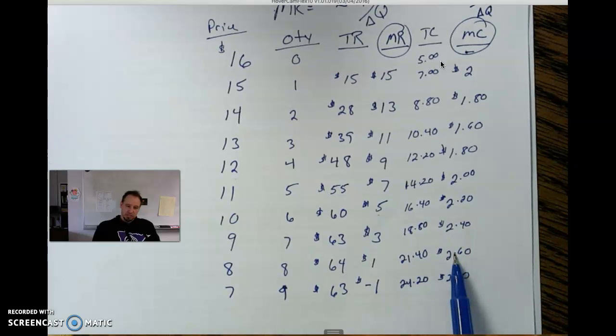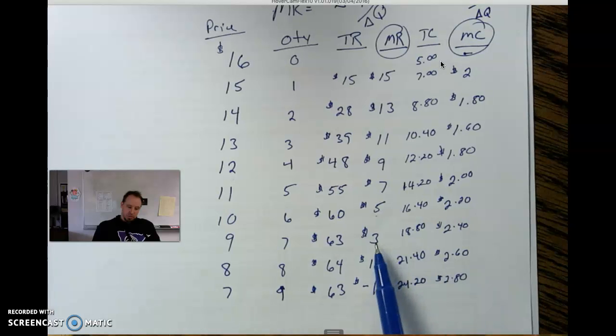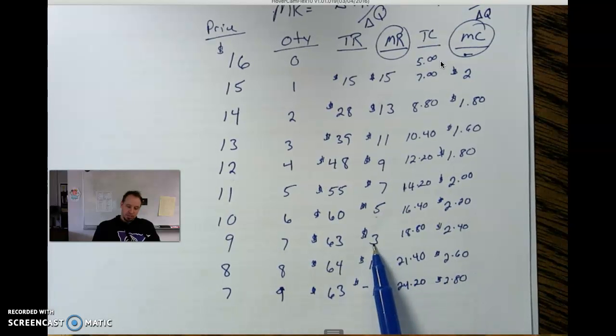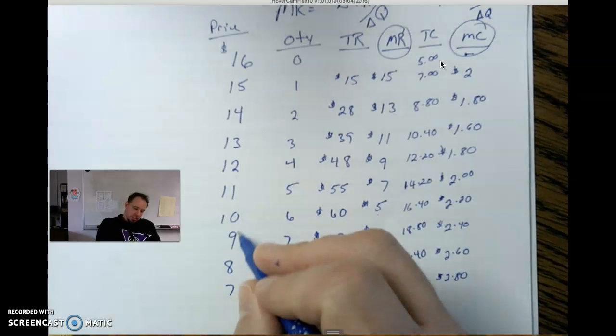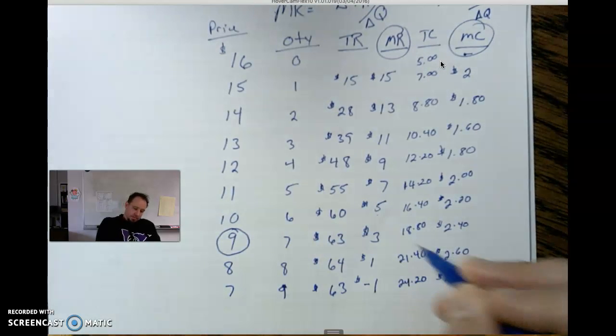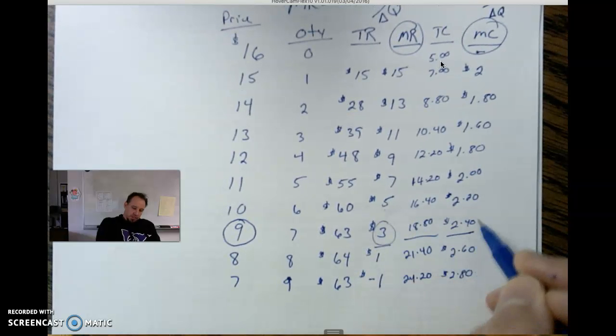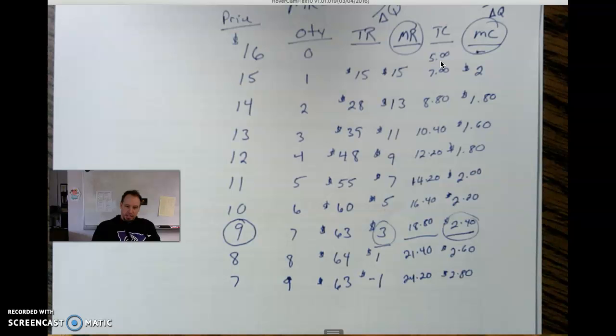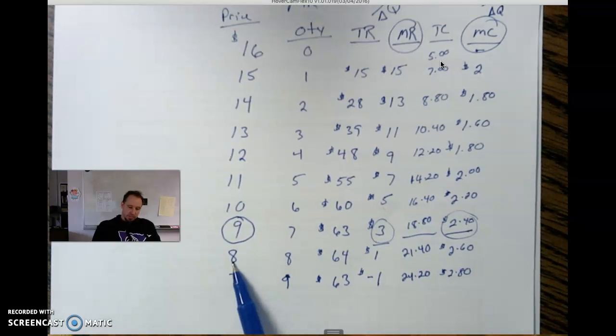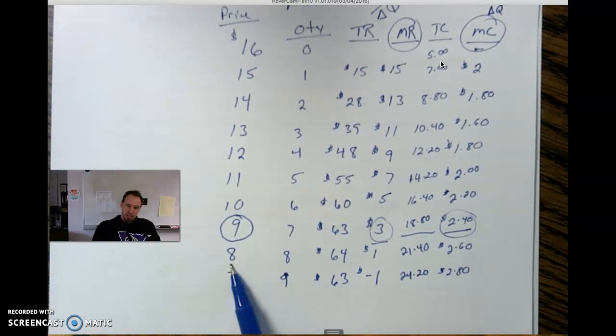That doesn't make sense. So we would want to stop where marginal revenue is greater than or equal to marginal cost, in this case at 9, because it breaks the golden rule if you were to produce that 8th unit.